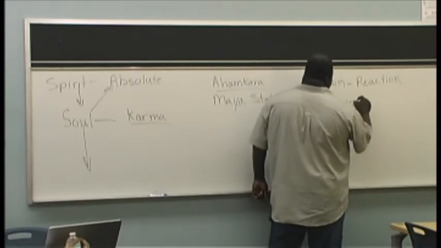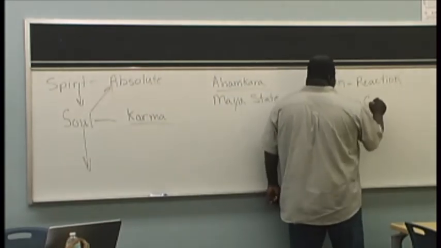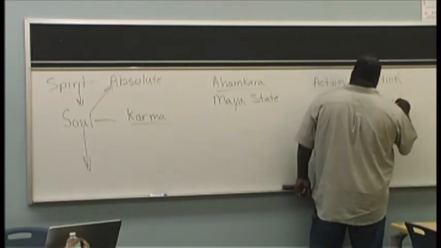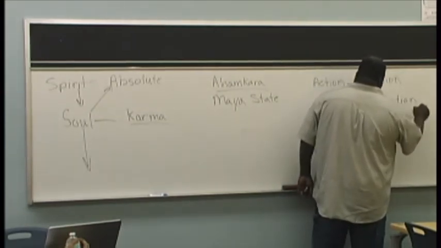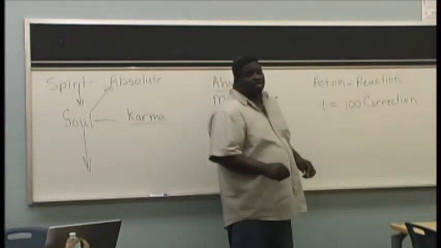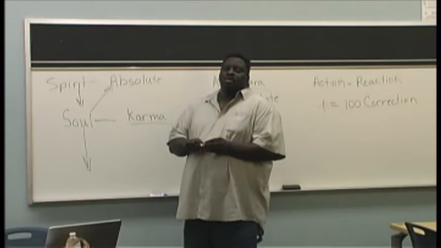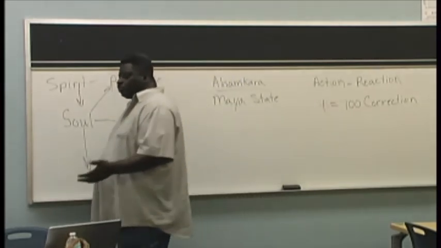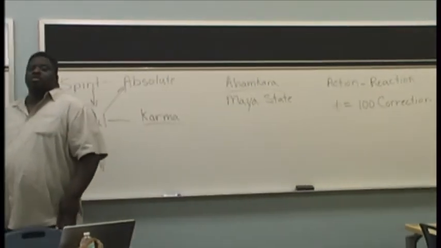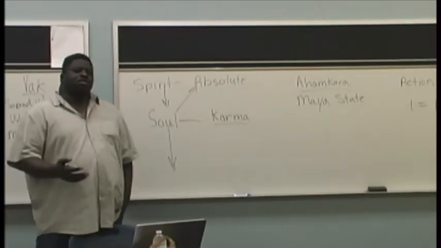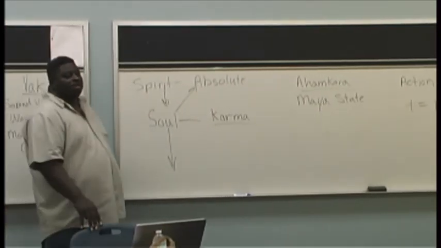Another 100 corrective actions. Right? So we're doing what? We're constantly creating a ripple effect, trying to get back to that stage of divinity. But the one way to do it is really through silence.